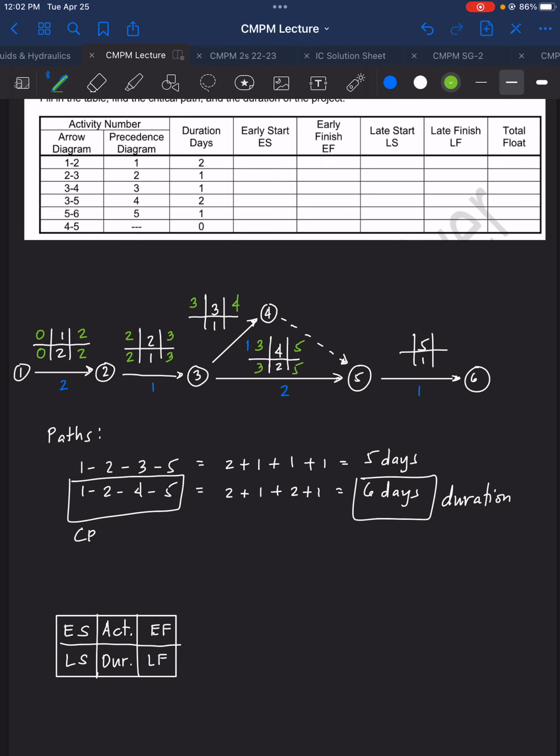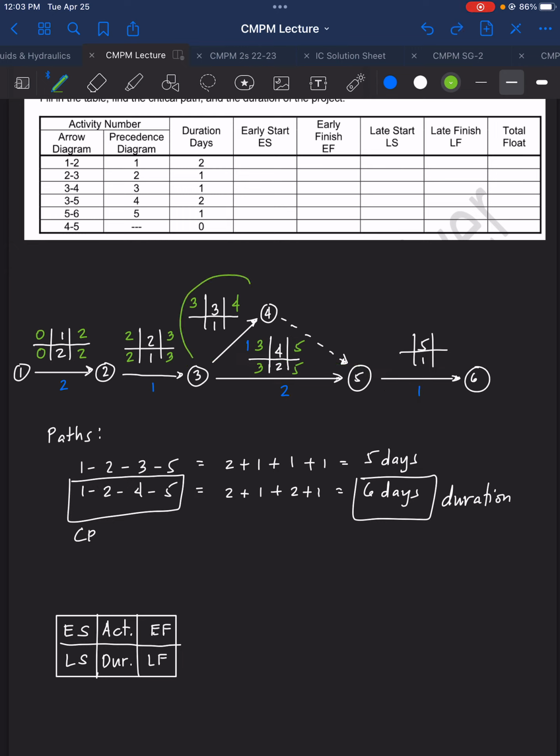Now, how about the late start? Where can you put activity 3 if it is to start late? Remember, it is parallel with activity 4.